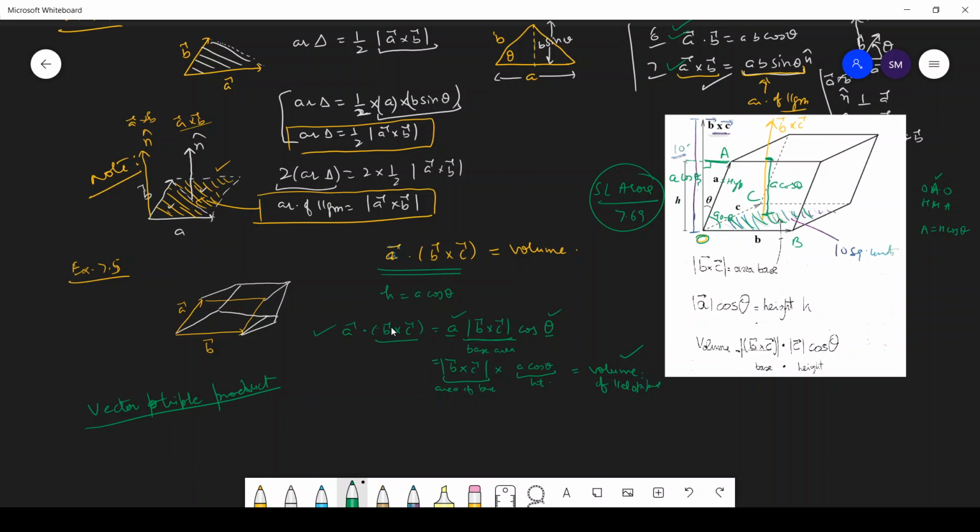Students, don't change this sequence ABC. Let this sequence be ABC only. So note it down.